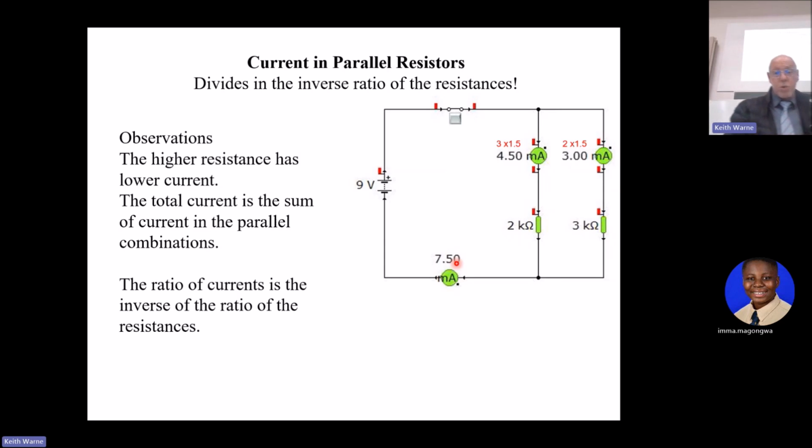No, I don't know how you get 1.5. I'm just doing it as a ratio. So I don't know how you get 1.5 from 7.5. Maybe divide it by 6. Divide by 5. You're thinking you divide by 5. Try it. Okay. So if you divide this current here by the total resistance, you get 1.5.